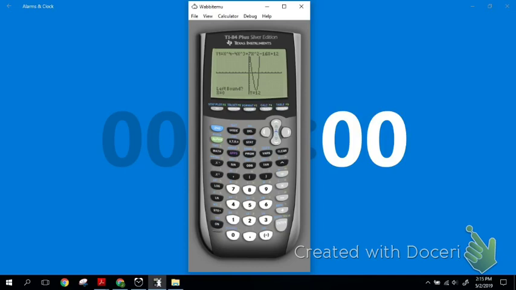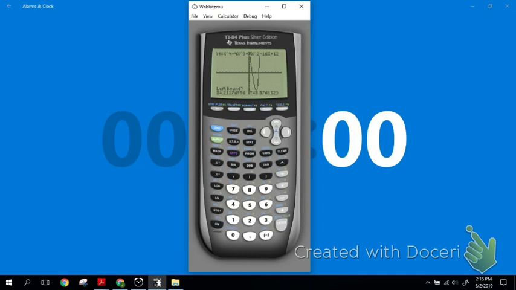Once again, it's going to ask for a left-hand bound. You have a flashy X somewhere on here. You just can't see it right now because it's actually right up here. You know where it is because it says X equals 0. To move that X, you're just going to hit the right button. It's going to increase your X value.